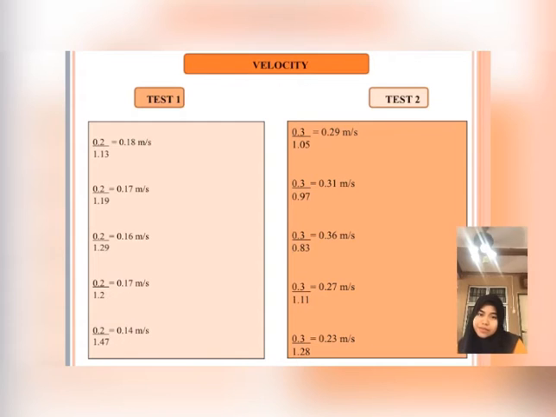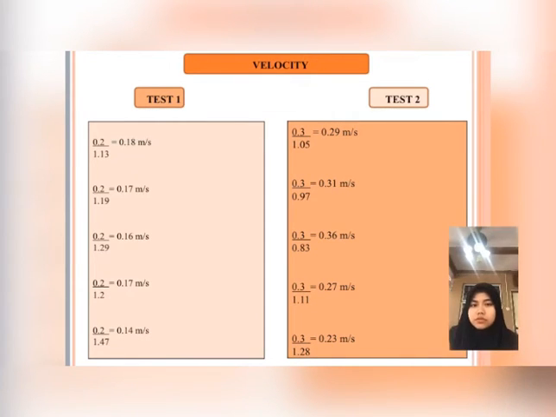To find the velocity, the formula is height divided by time average. So for the test 1, 20 centimeter we need to convert to meter, so we get the 0.2 meter.